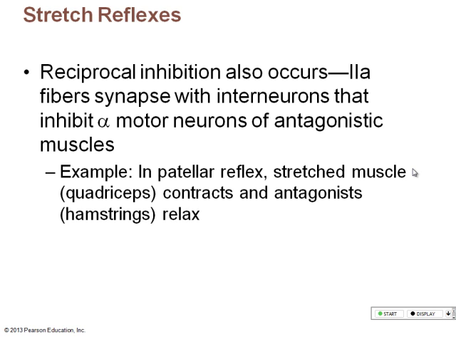So, in other words, when I bang on my patella, what happens to create the patellar reflex? In order for me to do that, what has to happen? These muscles have to contract, and these muscles relax.